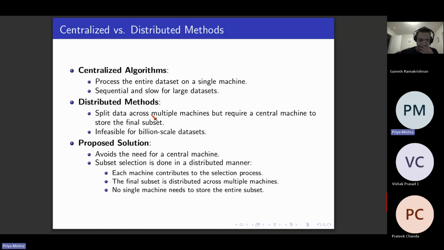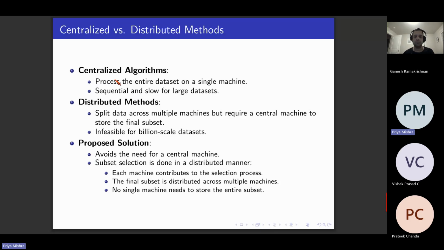And here they introduced two traditional methods: a centralized algorithm and distributed methods for subset selection. Centralized algorithm is basically training on the complete data set, meaning subset selection is completed using only one machine.